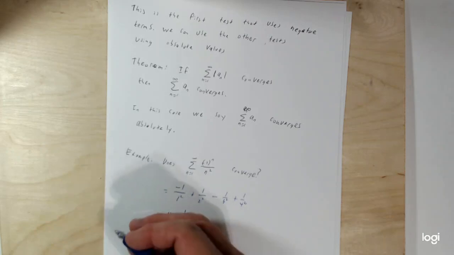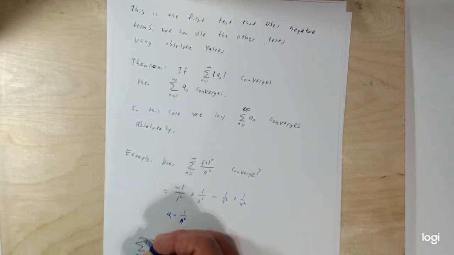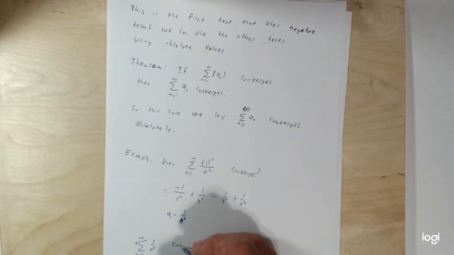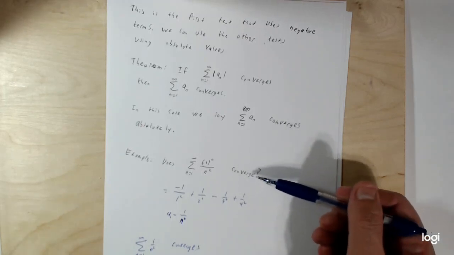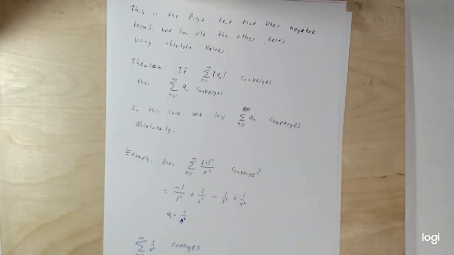But note, the sum 1 over n squared without the alternating part also converges. And in this case, we would say that this first one, not only does it converge, we would say it converges absolutely, because even if I get rid of that negative sign, it still converges.